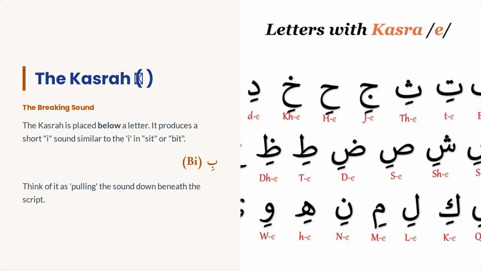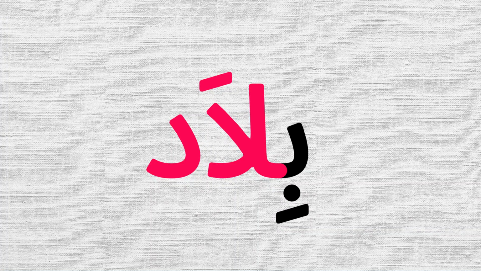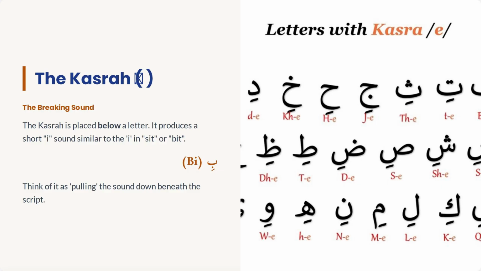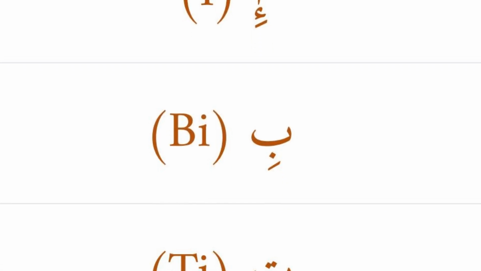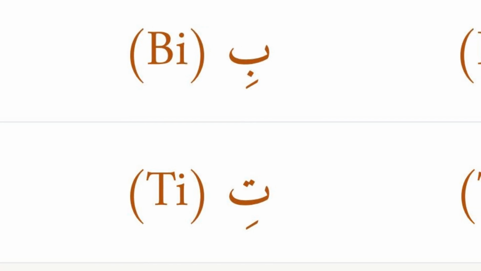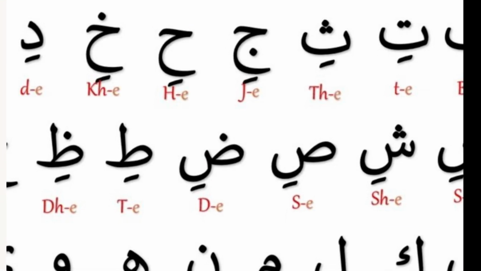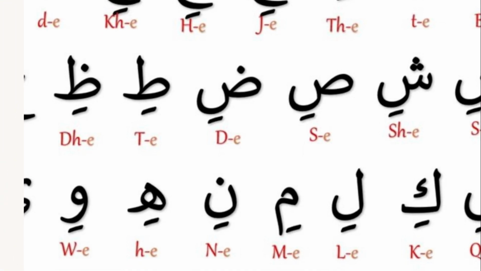Let's see some examples. Bilad. You can see the letter Ba. When we put Kasra, it goes like bi. So the Kasra, if you put it below any letter, it's like you add an E, like E in the French language. We say bi, ti, ki, ri, and so on.